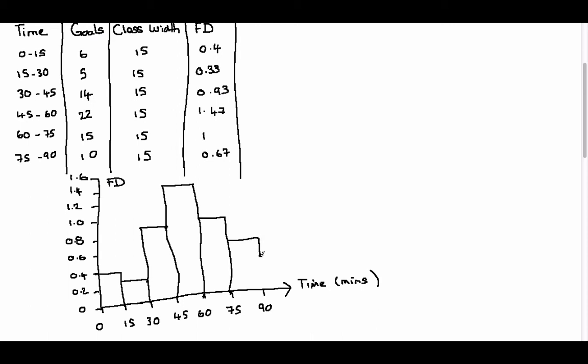So that's roughly here. So we've drawn our histogram. We should just give it a title, so it's histogram of the distribution of goals scored by time.